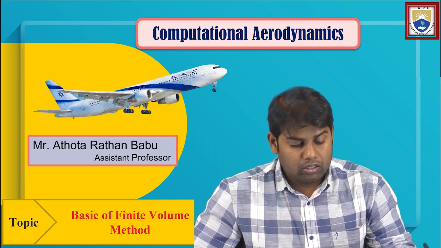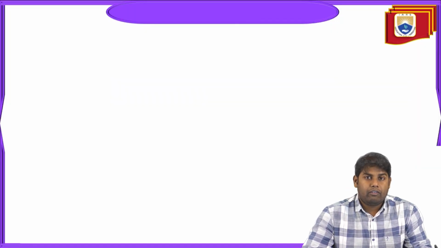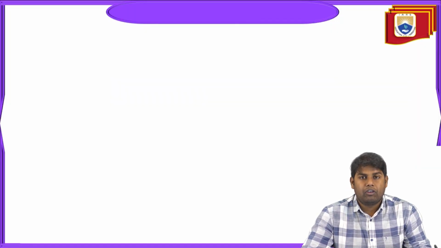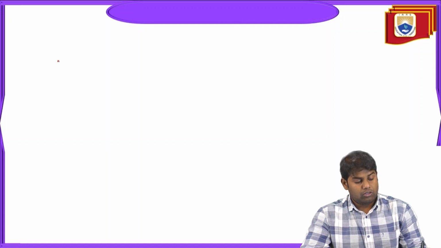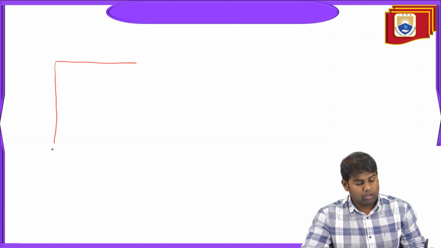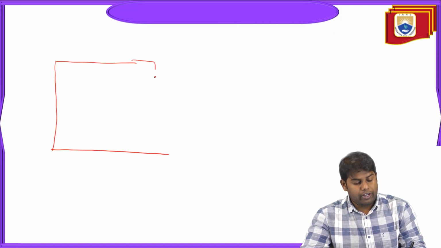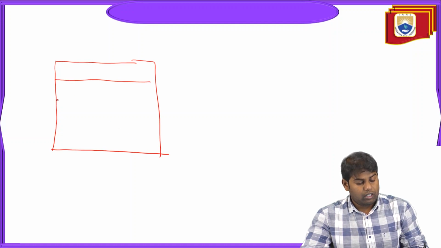Before that, we have to revise the grids. We have already seen in the previous module about grid or mesh. Basically, a mesh or a grid is an entity where we divide the domain.